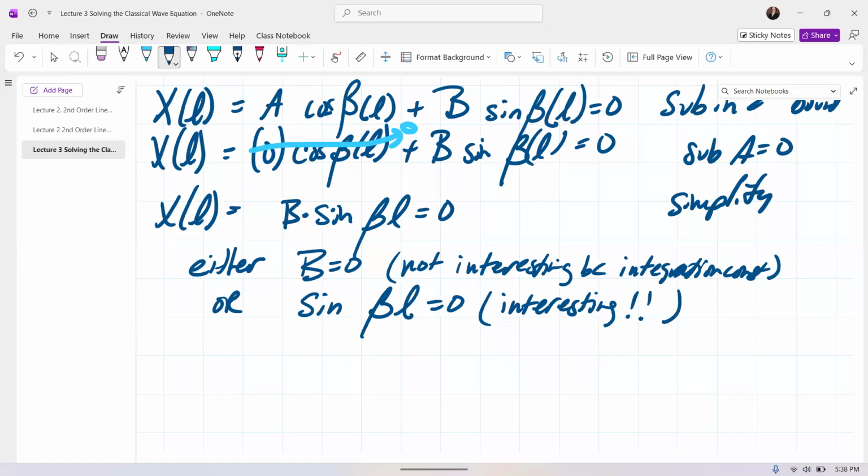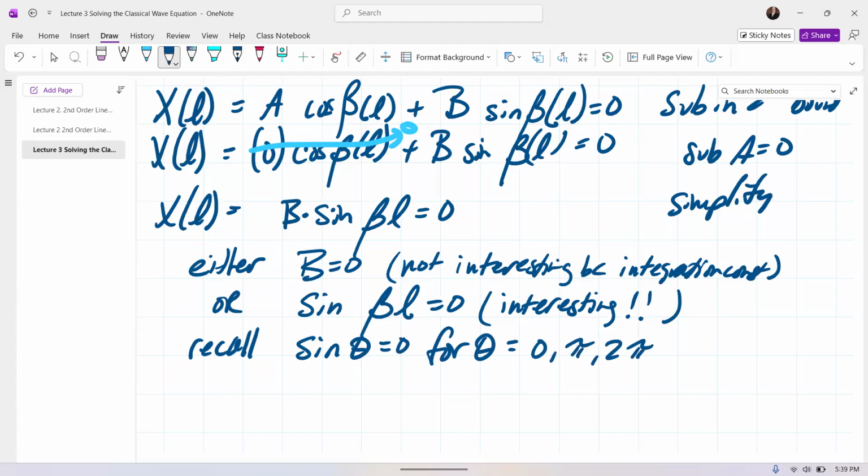Okay, now we were mentioning those multiple solutions. Call it sine of something, call it theta, equals 0, because sine of something has to be equal to 0 for theta equals 0, pi, 2 pi. Are you seeing a pattern here? Right, and so on.